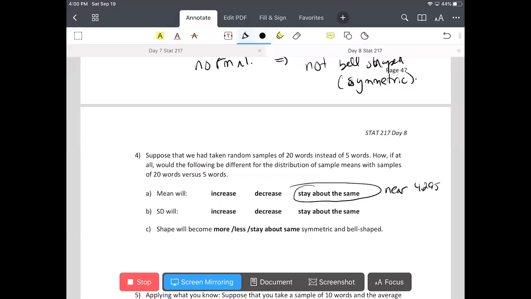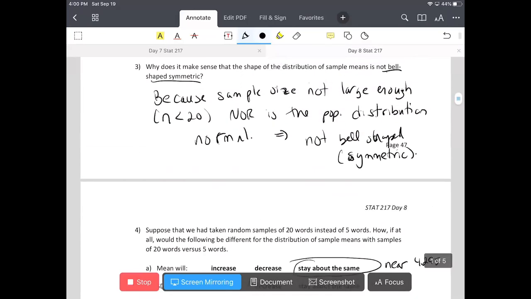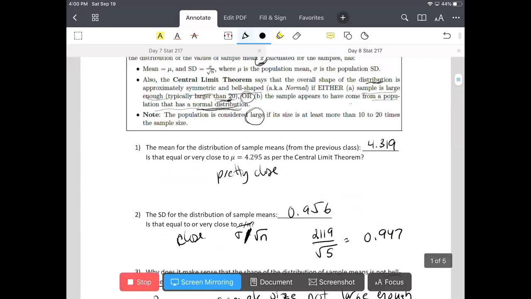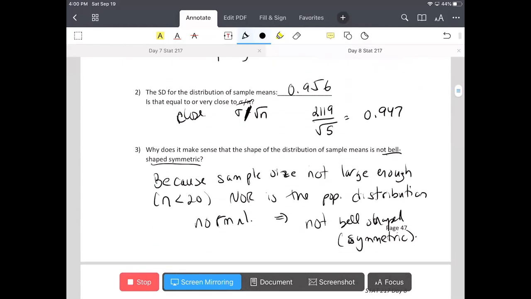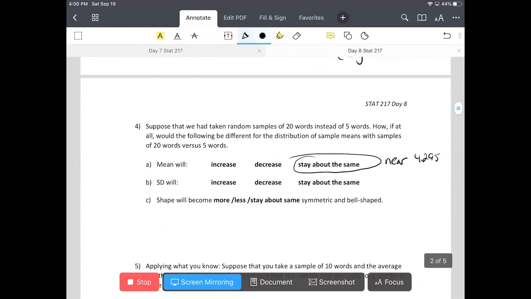The standard deviation. So now we have more words. Remember when we're finding the standard deviation up here, we're going to divide by the square root of n. So if we divide by a bigger number, what happens? Take, let's say, 2 divided by 3, you get 2/3. If you take 2 divided by 20, you get 1/10.